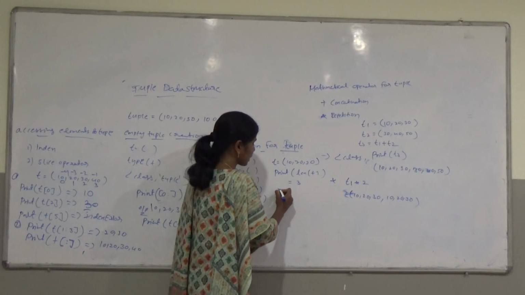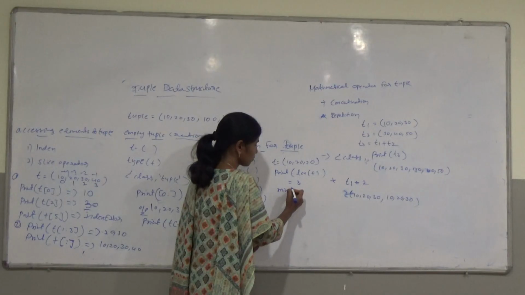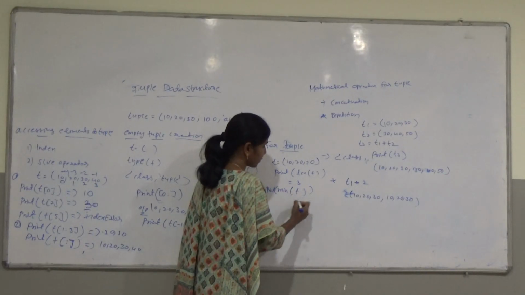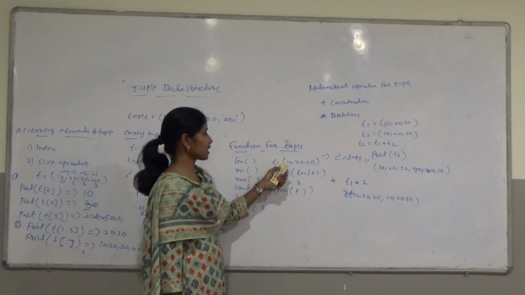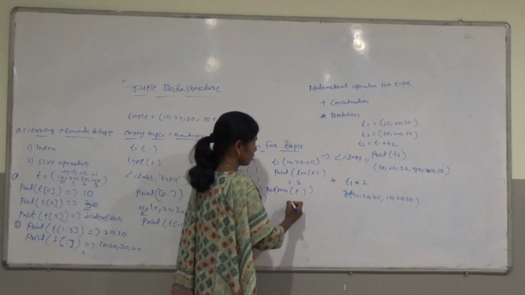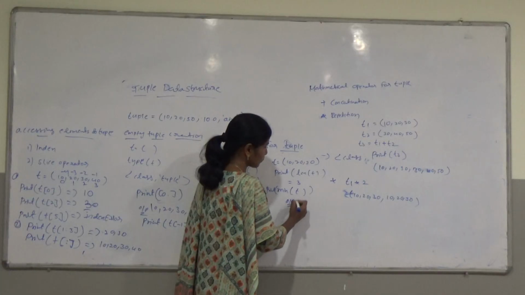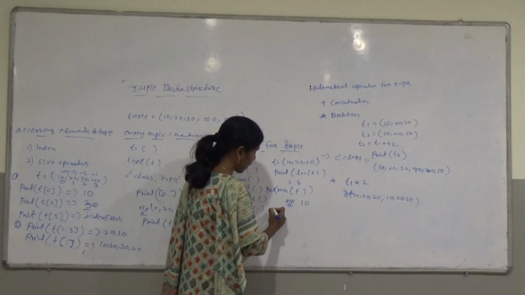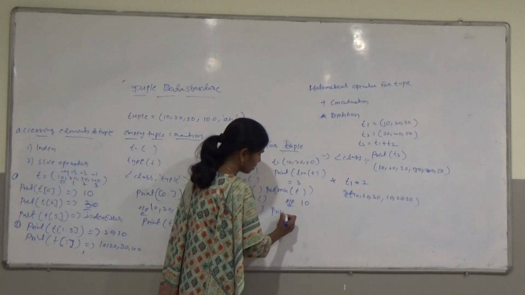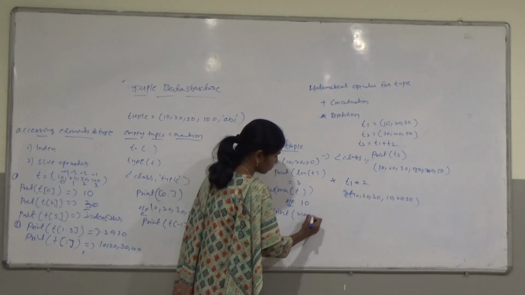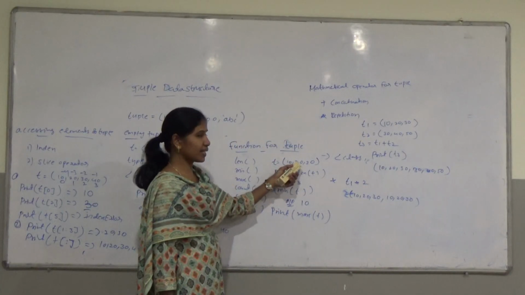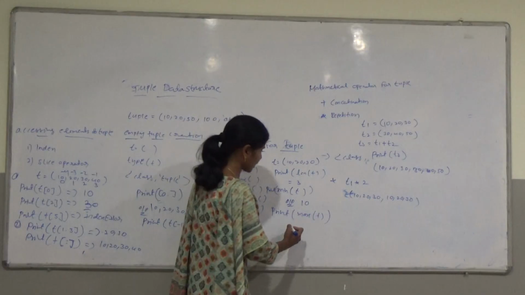Next, minimum. Print(min(t)) gives the minimum element in the given tuple. 10 is the minimum element. Next, maximum element: print(max(t)). Whatever the maximum element in the given tuple is printed here.